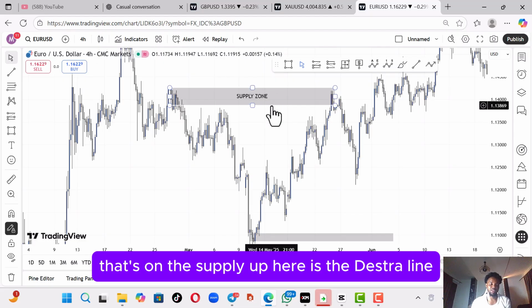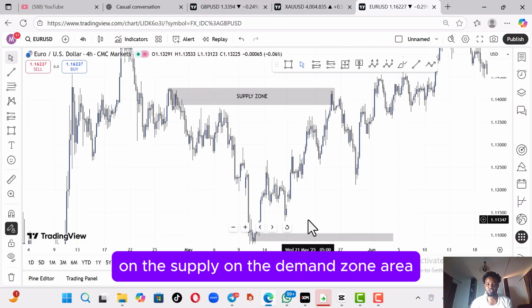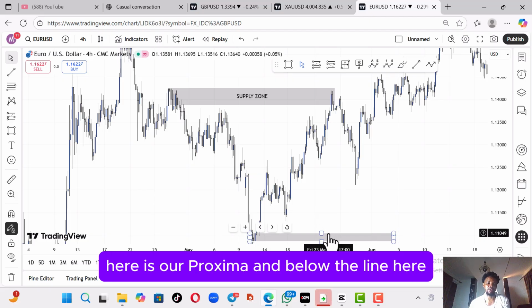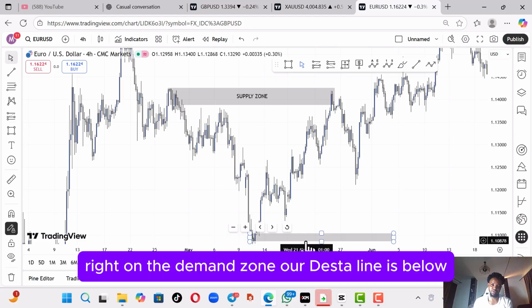That's on the supply. Up here is the distal line, below is the proximal. While on the demand zone, here is our proximal, and below, the end line of the rectangle is our distal line.